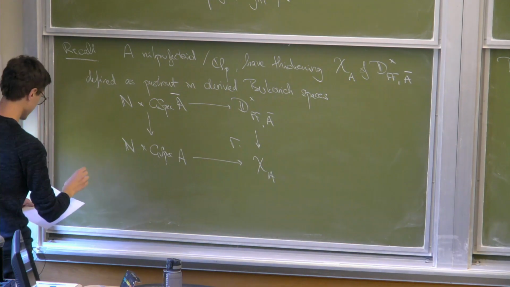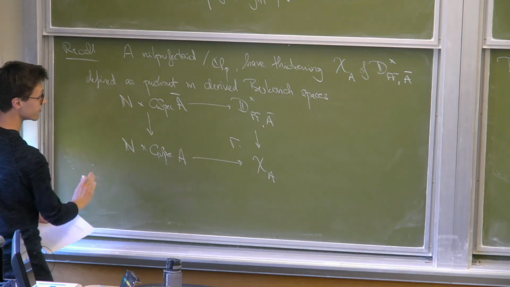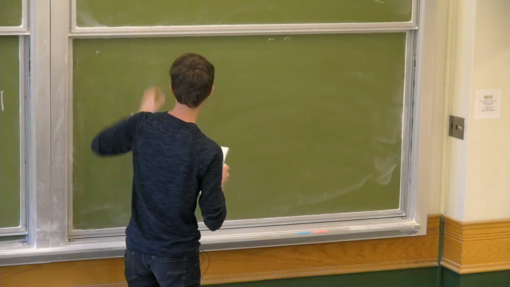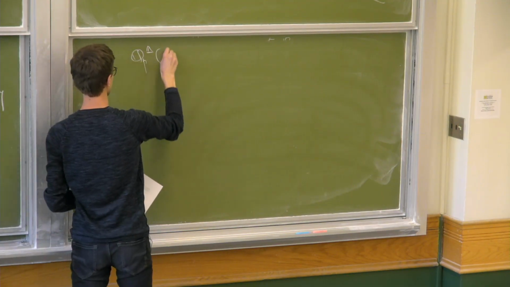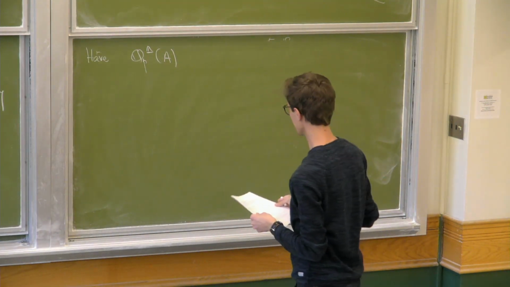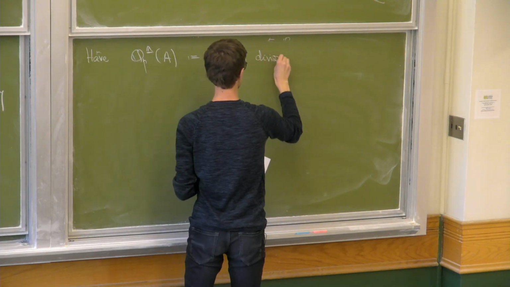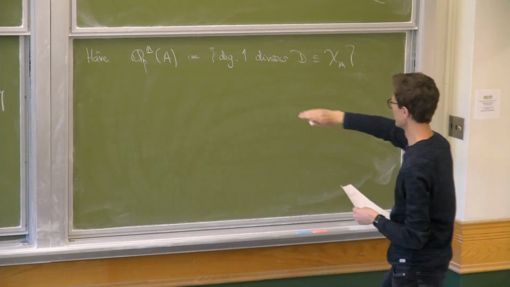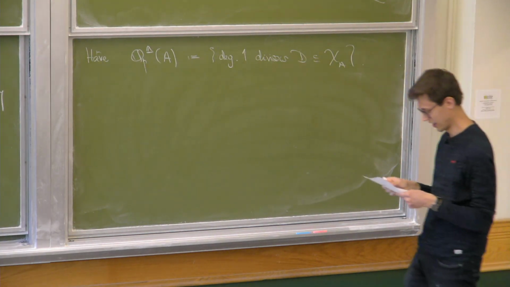All right, and then, well, we defined the prismatization of Q_p on nil perfectoids as classifying degree 1 divisors inside the space X_A, where the degree 1 condition is asked after pulling back to the Fargues-Fontaine disk of the reduction.